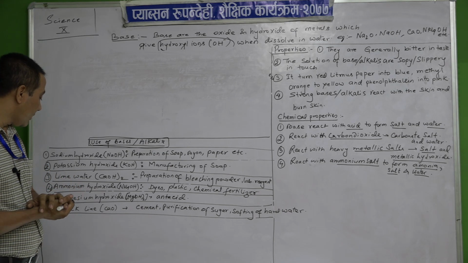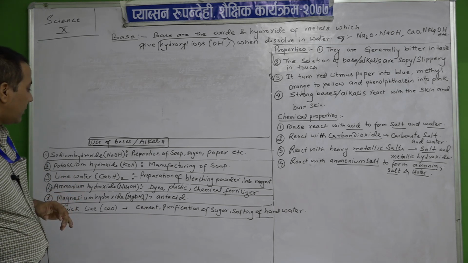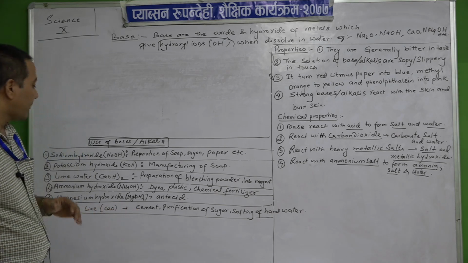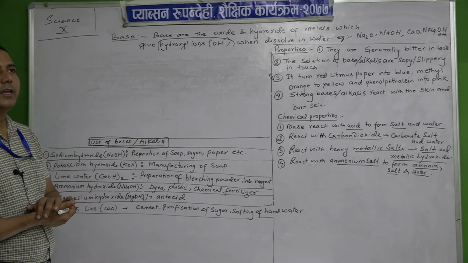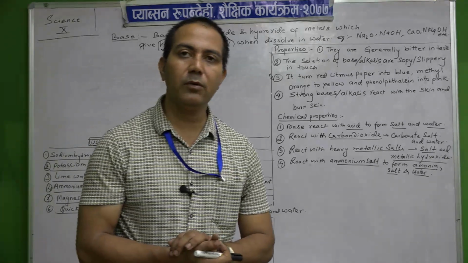Then the next one is magnesium hydroxide. Magnesium hydroxide is used for producing antacid. Antacid, do you know? I think you may know that.